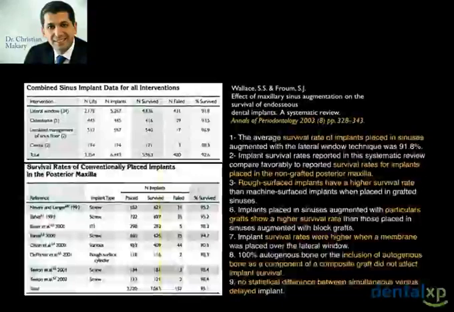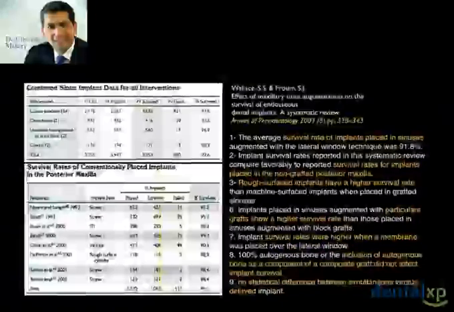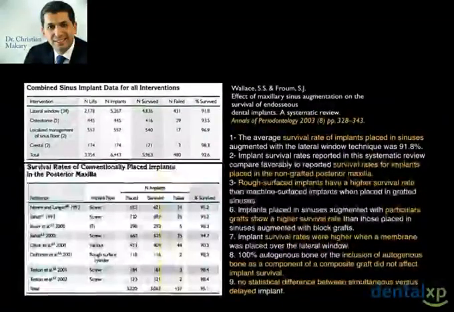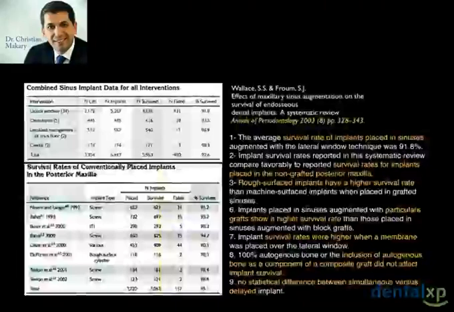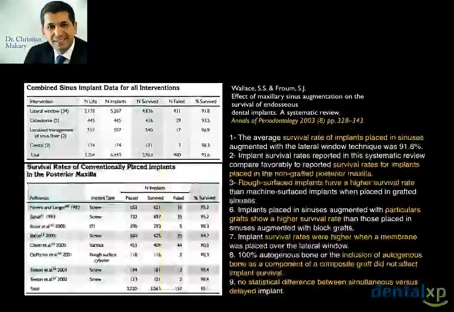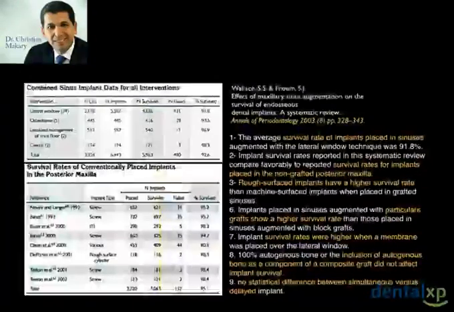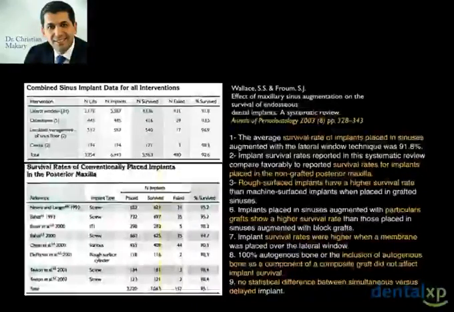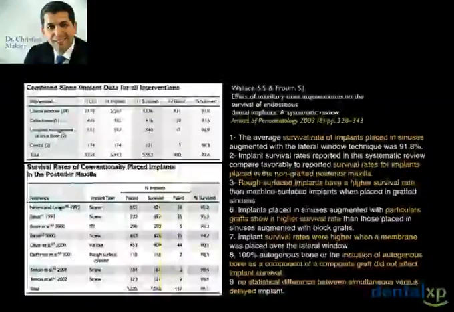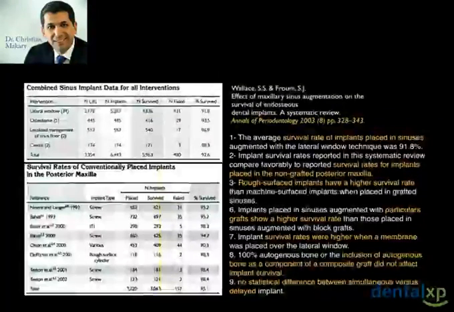And finally, there was no statistical difference between implants placed immediately while grafting the sinus or delayed implant placement, considering that we can achieve a very acceptable primary stability of the implant. This is why, as I said at the beginning of this presentation, we should have a proper height of bone that should be at least, I would say, 3 millimeters in order to achieve a good primary stability of our implant.